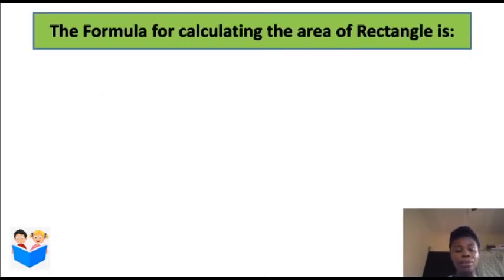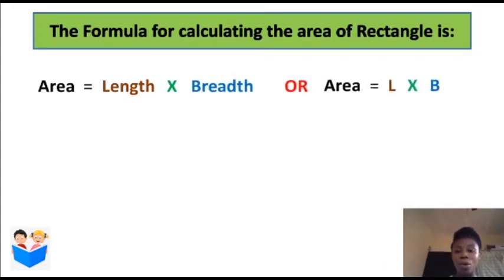Let's move ahead to state the formula for calculating the area of a rectangle. The formula for calculating the area of a rectangle is area equal to length times breadth, or area equal to L times B. The L stands for length, the B stands for breadth.